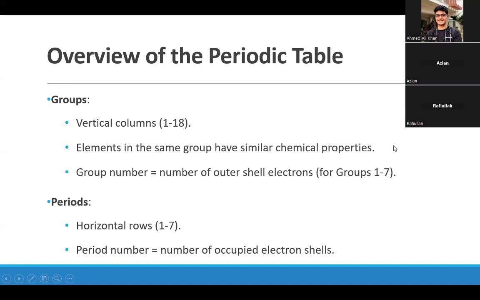And जो columns हैं ना, they are basically the groups. जो group number है, it represents the number of electrons in the outermost shell. Outermost shell का दूसरा नाम क्या होता है, अजलान?